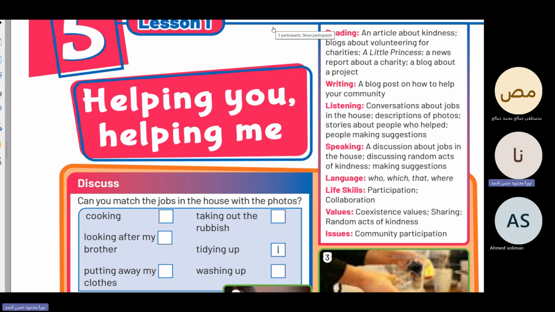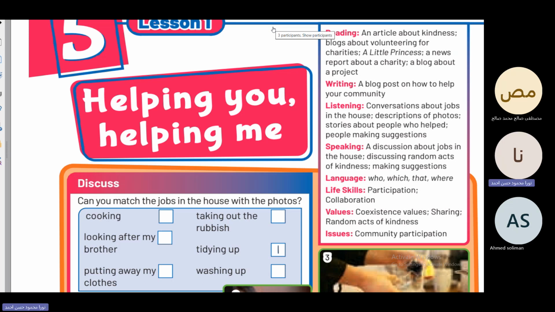So we will have a discussion about jobs in the house. Which jobs do you like most? And which jobs do you think are difficult? And which jobs do you think are easy? We will also discuss random acts of kindness. And concerning the language section, we will be studying relative pronouns: who, which, that, and where.